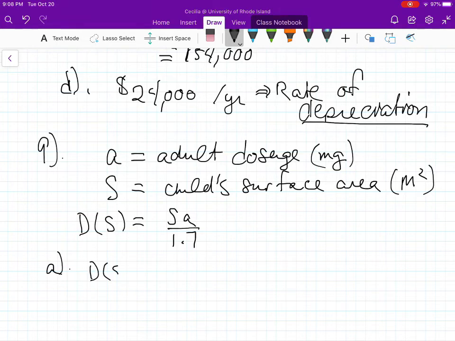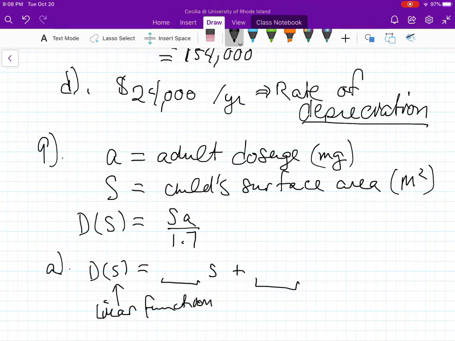So all we're going to do here is rearrange things into a coefficient times S. The idea is that a linear equation would have a slope times our independent variable, and then a y-intercept. So when we look at this, we see that S is what we're going to do a linear function of.